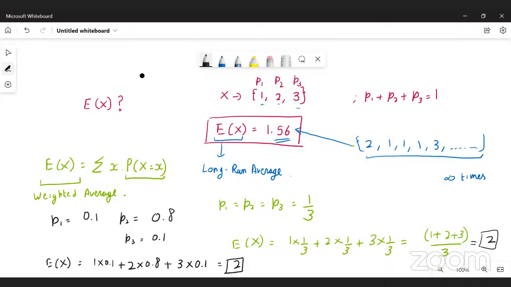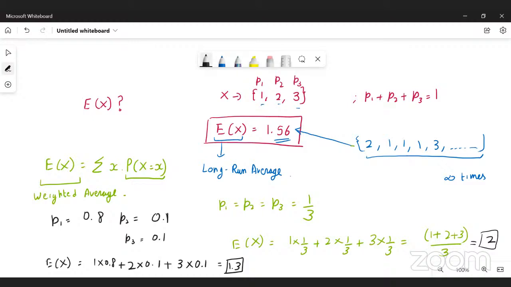Okay, so it might be in that case, but if I give more importance to, let's say, 1 instead of 2, then you might get some other answer. Let's say 1 has the maximum chances of occurrence, so in that case it would be 1.3, right?